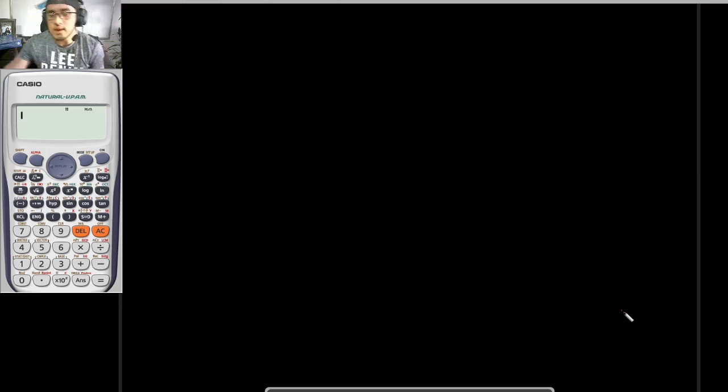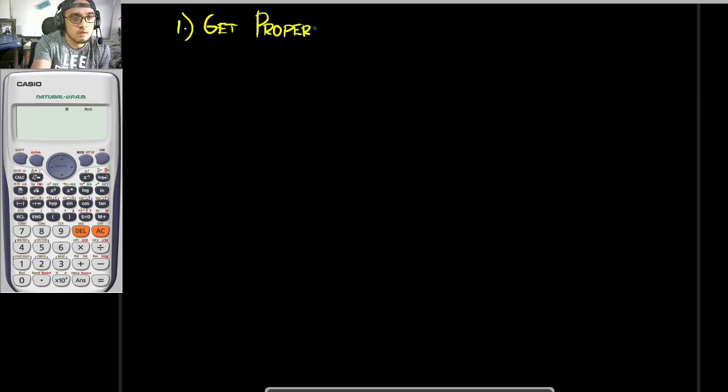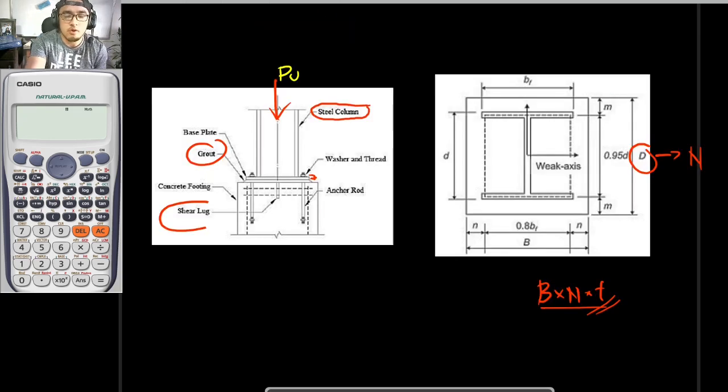Okay, so what would be the steps in designing your base plate? So, along with the other problems, the first thing that you should do, step 1, is to get the properties or the parameters. So, if this is to be your base plate, ano ba yung mga kailangan nating parameters ng properties?